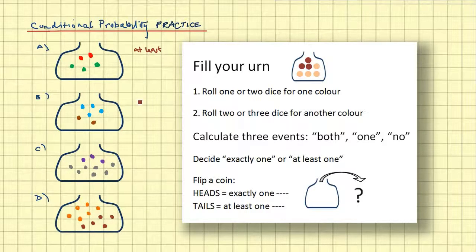And so heads, okay, exactly. Let's just write exactly. Let's just make a little note of it for the moment. Then we've got at least, and okay, exactly. So that's all we need to play the game.